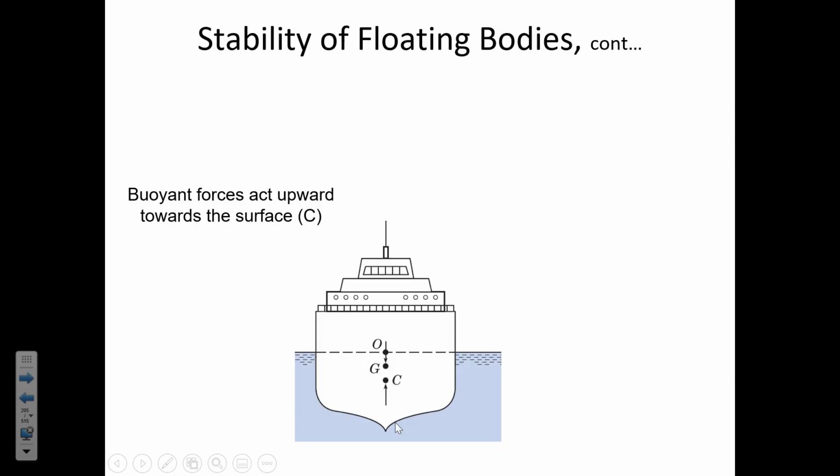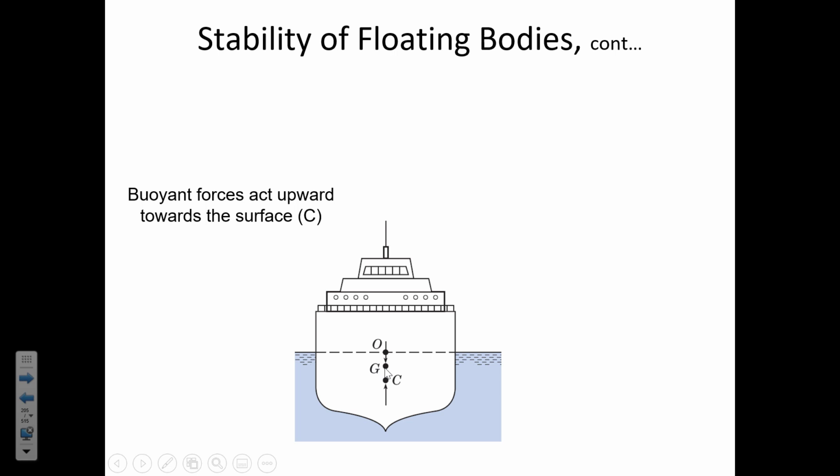Okay, so this ship, just as an illustration, C, remember, is the center of buoyancy. And the center of buoyancy, its location is determined by the shape of what's below the water surface. And so it's basically you're looking for the average location for what's below the surface. And so C is kind of like the area weighted average location for what's below the water surface.